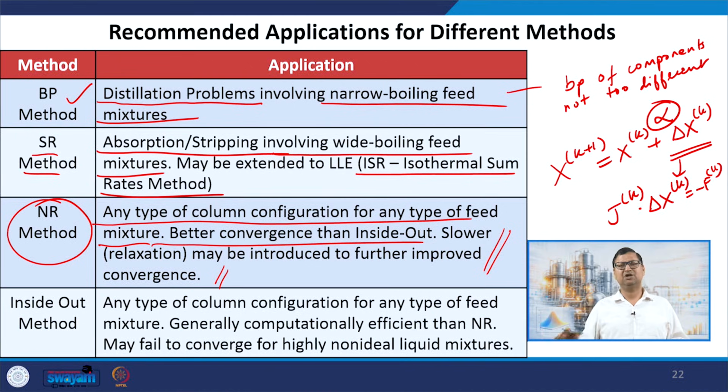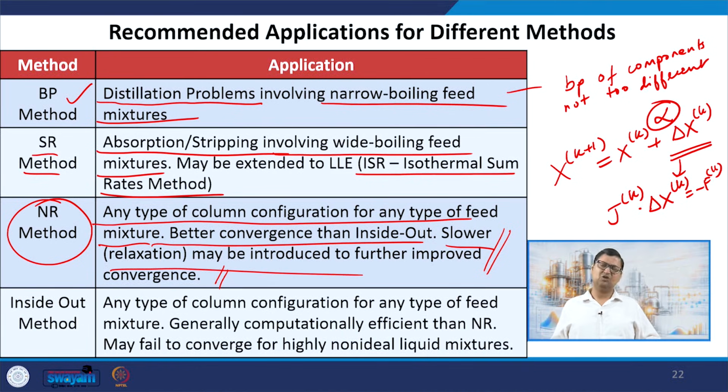But of course, there are more details which I am not getting into. So in some cases, we can go for a slower version of that method, that is a relaxed version of the method, in order to further improve convergence.